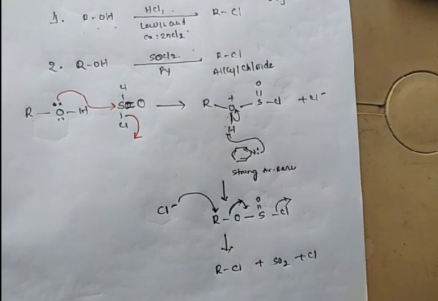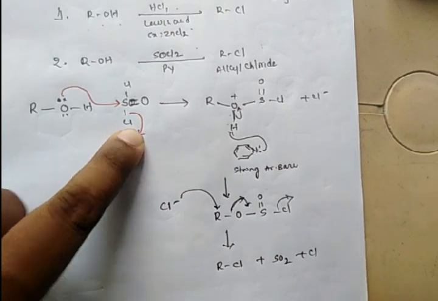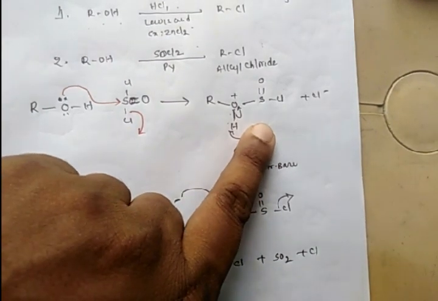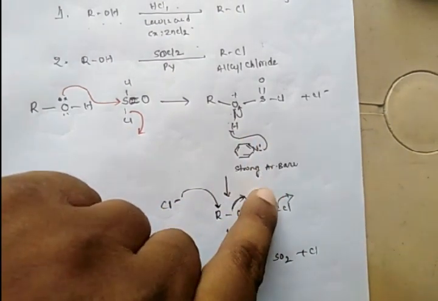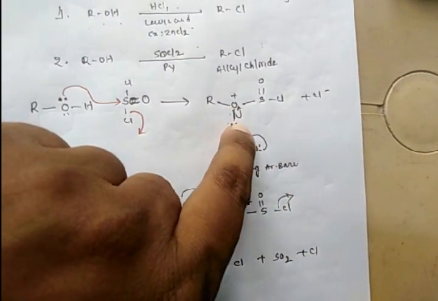So once again I'm explaining this mechanism. Whenever you treat an alcohol with thionyl chloride, the electronegative oxygen atom attacks the electropositive sulfur atom. As a result, chlorine leaves the molecule, and we get this intermediate. Then this intermediate is treated with a strong aromatic base, which abstracts the hydrogen atom.